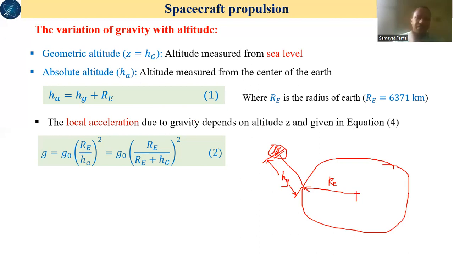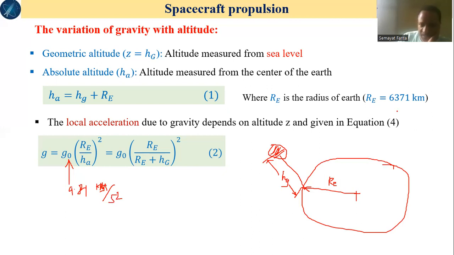After some steps, which need a small calculation, we have g equals g naught, where g naught is the reference gravitational acceleration, 9.81 meter per second square.